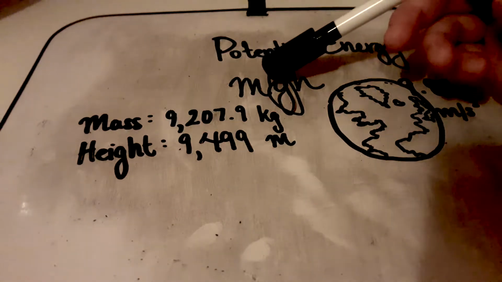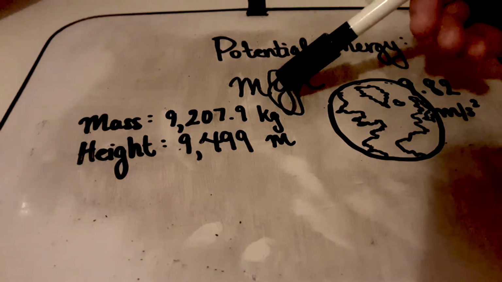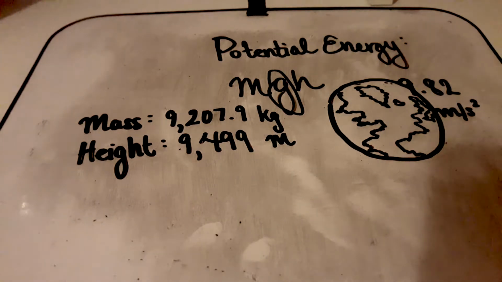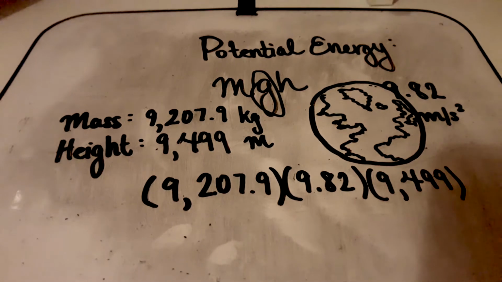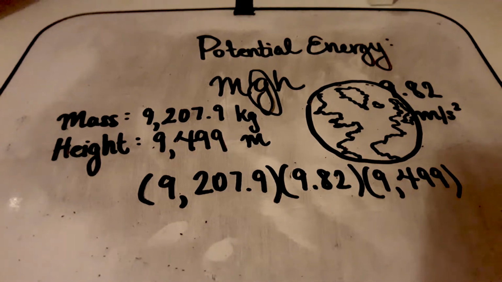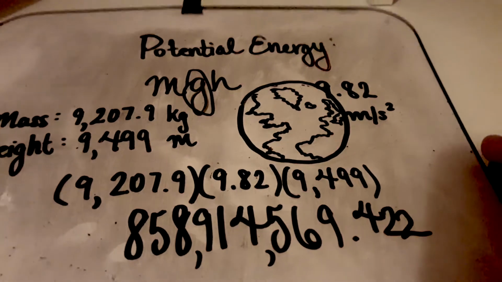Now all we have to do is incorporate these numbers into this equation. So mass into the m, gravitational acceleration into the g, and this height into the h, and that will look like this. There it is. Now all we have to do is multiply it together, and the answer will turn out to be this big number right here.